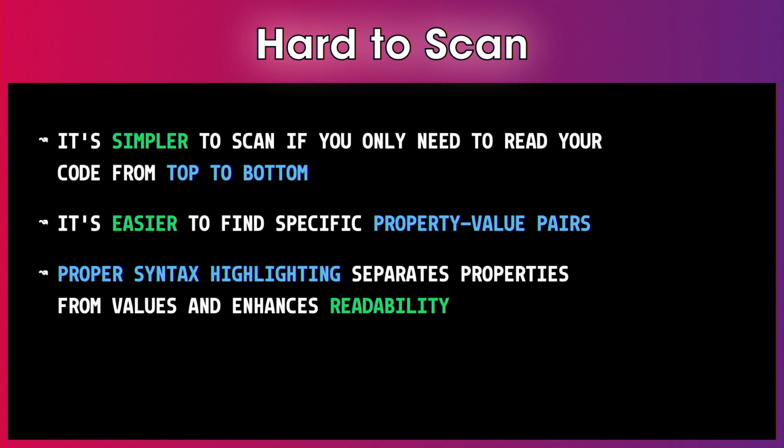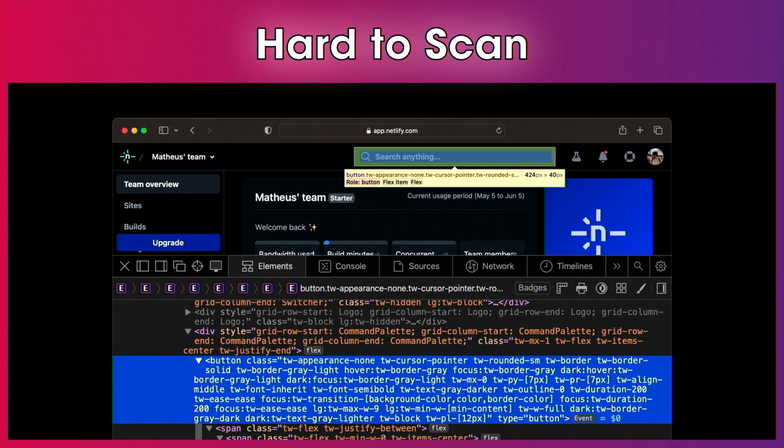And not only that, if we leverage that, we have proper syntax highlighting to show us what exactly each property and value is. You could think that that was an exaggerated example, but it's not hard to find scenarios where we would have 70, 80, or even more class names altogether. This one I took from Netlify, but that could be an app I wrote or any of you wrote.